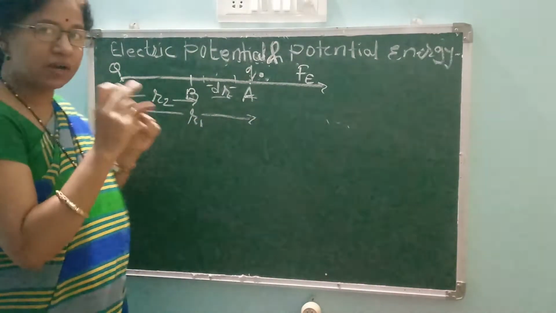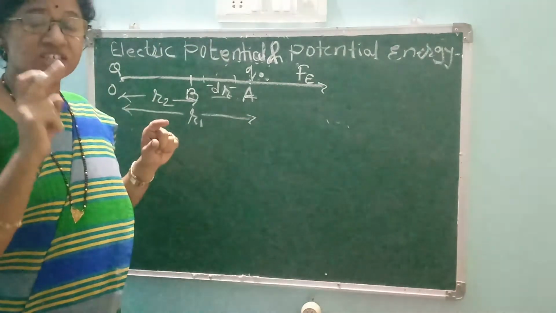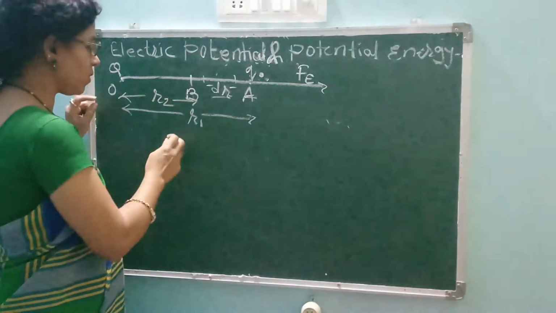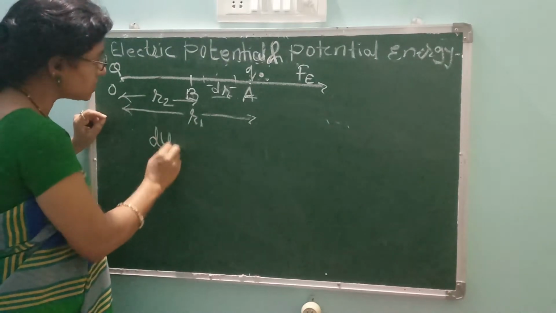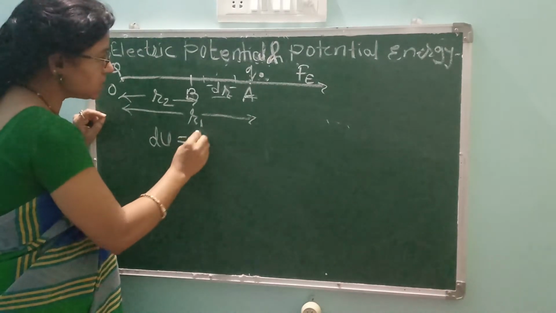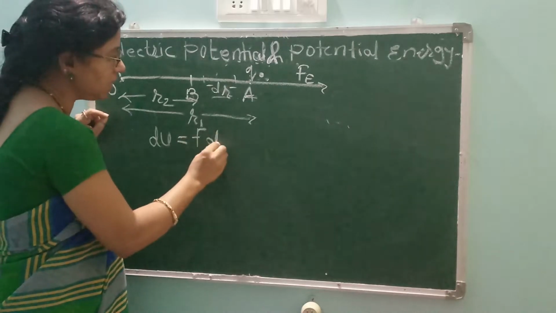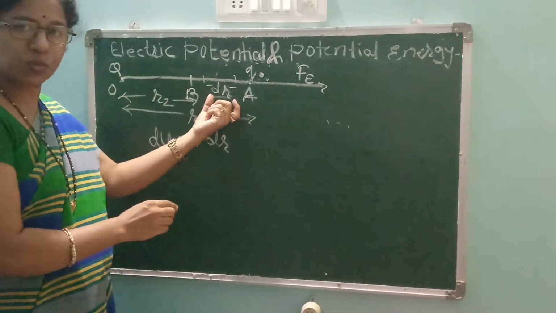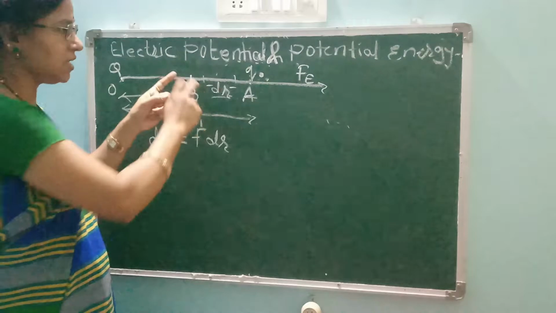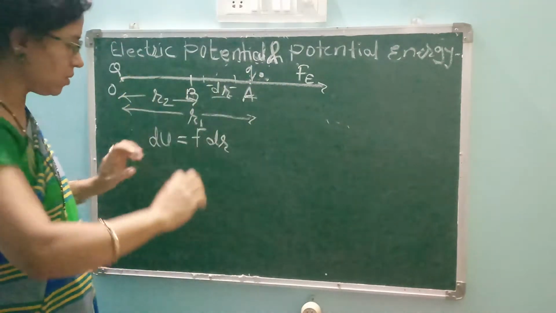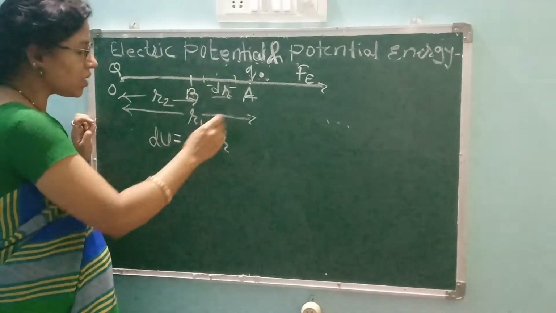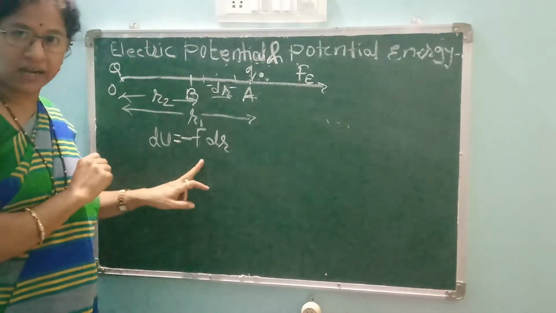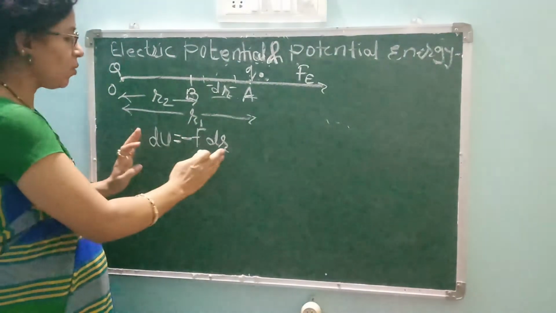That we will write down as the change in the potential energy, dU, equal to F dr. dr is the small distance it is displacing, किसके opposite में? Force. As it is opposite to the force, we will take the negative sign. ठीक है, ये हो गया तुम्हारा.